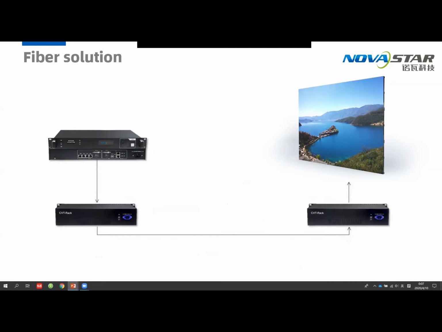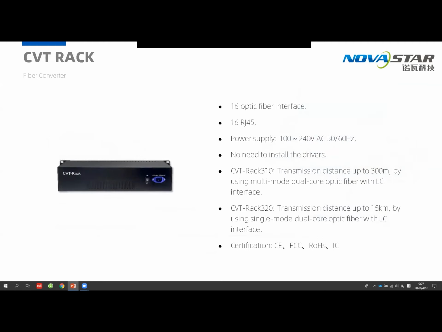For big screens, we also provide 2 solutions. The first one: we can use one device instead of all the CVT 310 or 320. The structure is here, and it looks much easier than before. We only need 2 converters here.